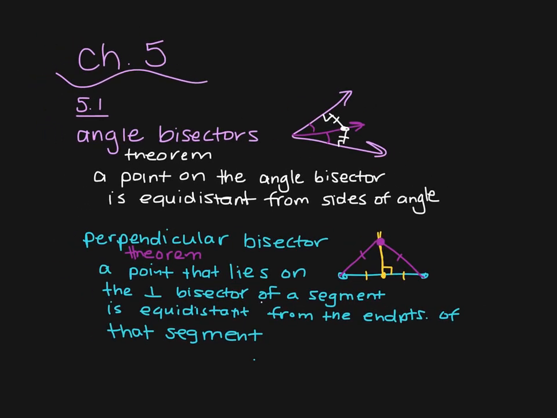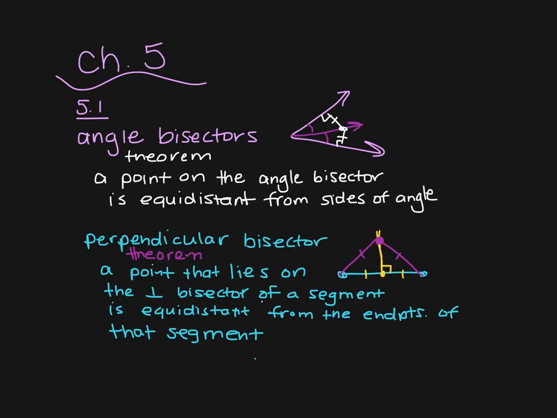So you'll see a couple of questions based on that. You just need to know that they would be equidistant from the endpoints, or equidistant from the sides if it was the angle bisectors.